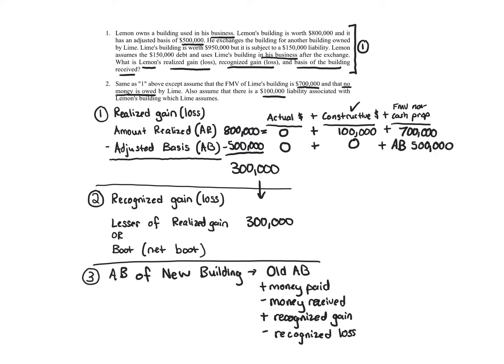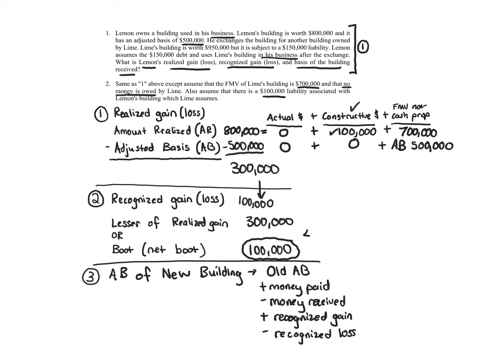But we do not have any boot paid here or transferred out. So what does that mean? That means that the boot received is simply just going to be the $100,000, right? And our net boot is $100,000. And the lesser of those two numbers, bam, of course, $100,000. So our recognized gain is not $300,000, it's $100,000.